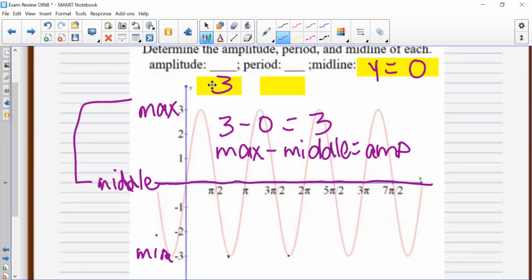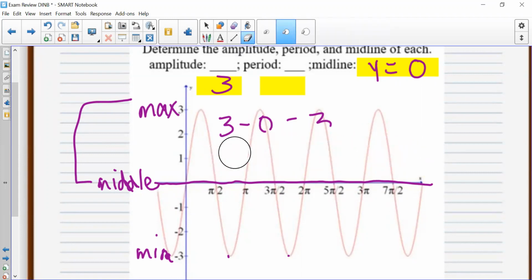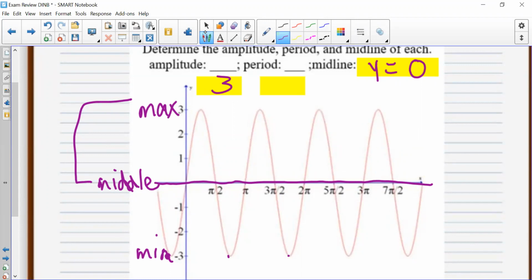Period was the hardest one. I'm gonna erase what I just wrote about the max minus middle. So if you wanted to write that down anywhere, go ahead and do that. Period is the horizontal distance until the graph starts to repeat itself. We always started by wherever the graph crosses the y-axis.